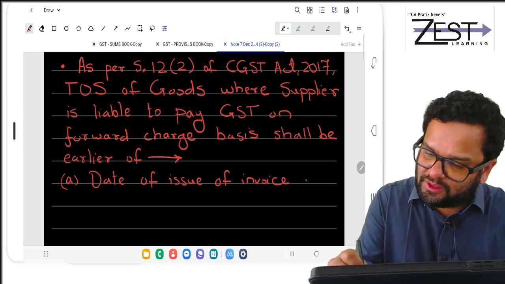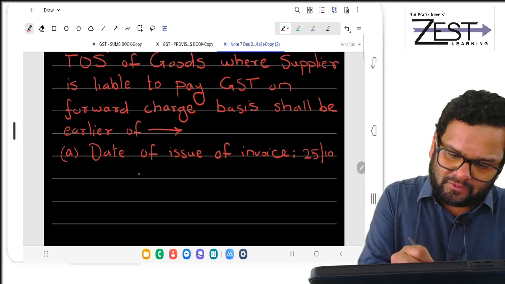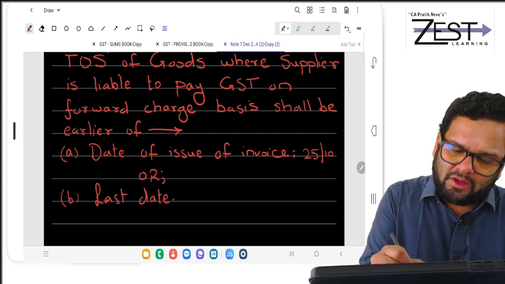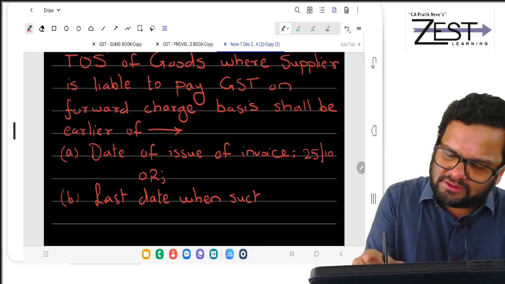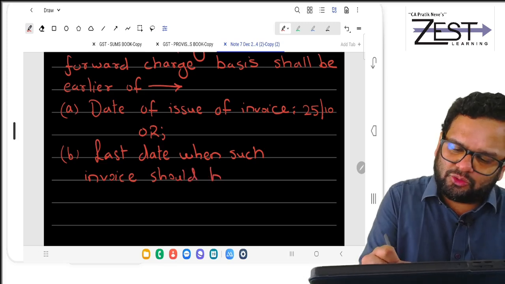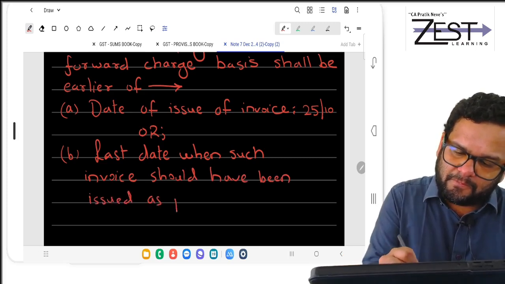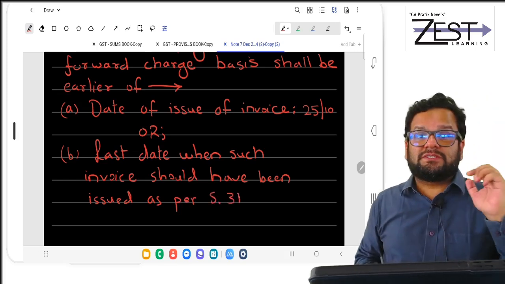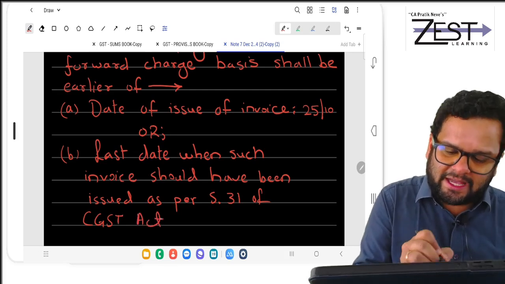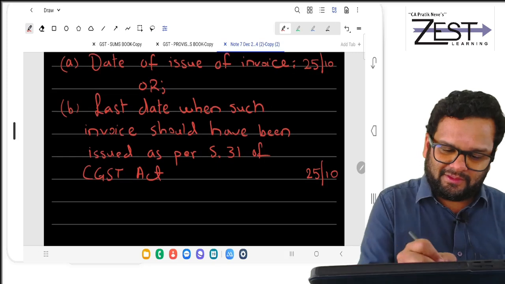Yes, so date of issue of invoice is 25/10, or last date when such invoice should have been issued as per section 31 of the CGST Act. That is also 25/10. Clear all of you?